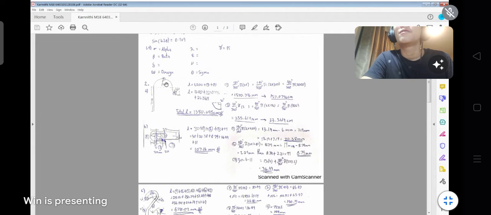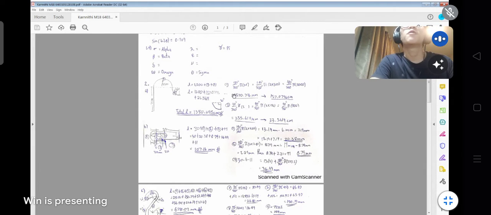So first I put number 1 here to indicate this angle and this line, and number 2 over here to indicate this line. So length equals 1200 plus 1 and plus 2. So first we have to find 1.